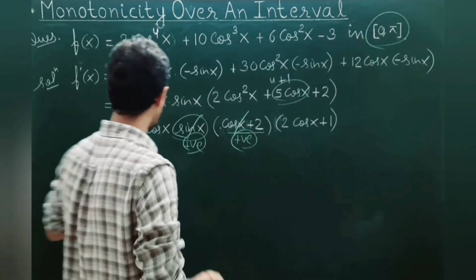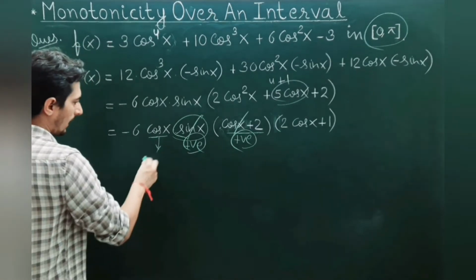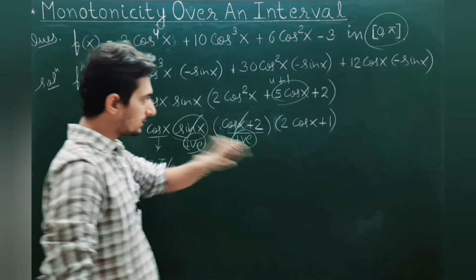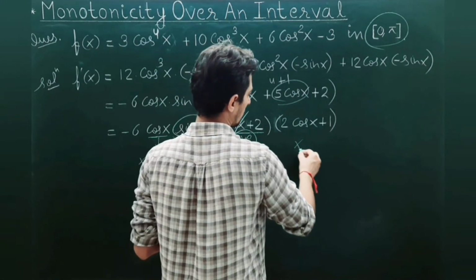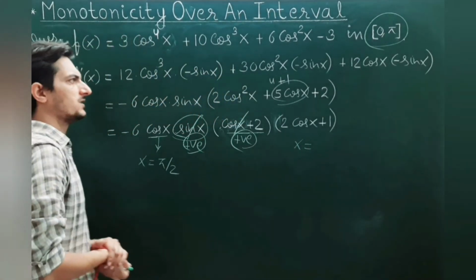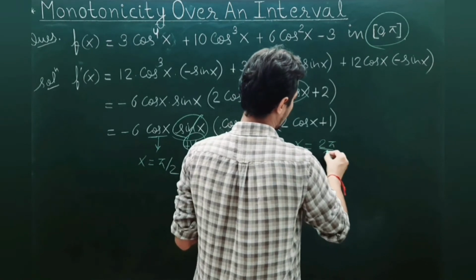What I am left with here is this cos x, which is 0 at x equals pi by 2, and this 2 cos x plus 1, that is going to be 0 at cos x equals minus half, that is 2 pi by 3.